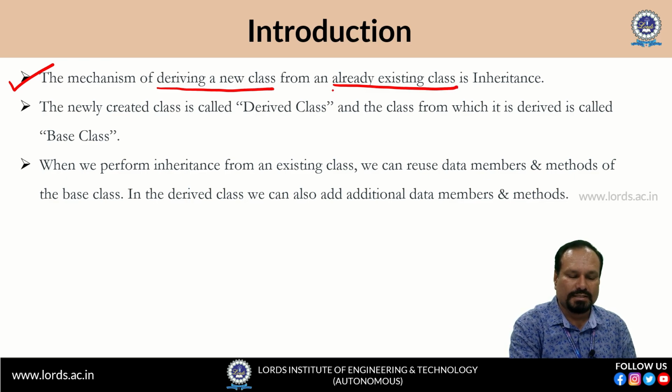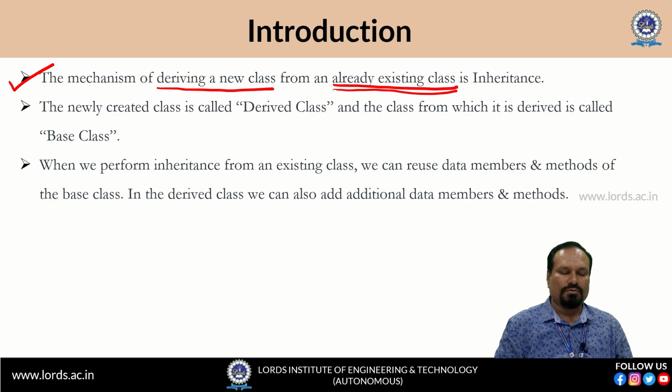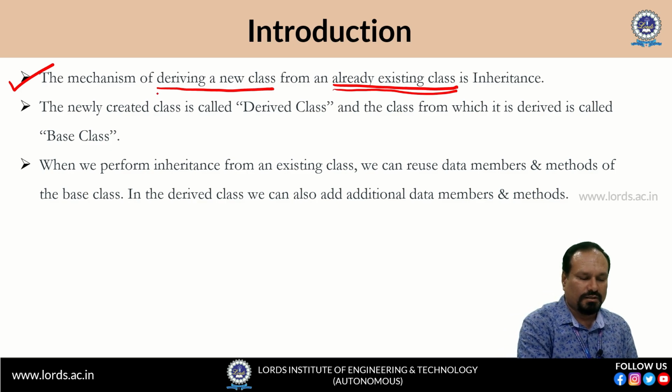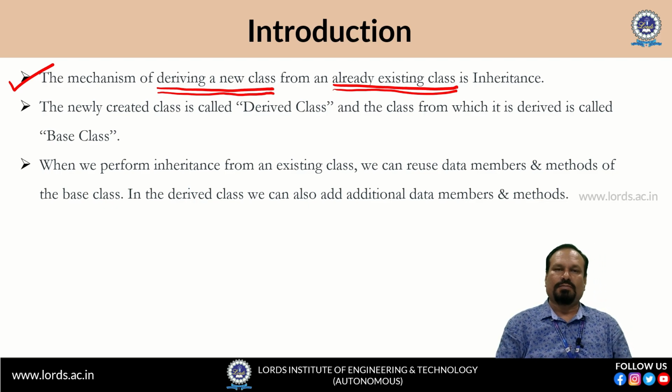It means if a class exists, then we derive from it for further addition of concepts in a new class or derived class. Why do we need to do that? Simply, we need to reuse the code. We need not repeat the code or write it again. That is the benefit of it.